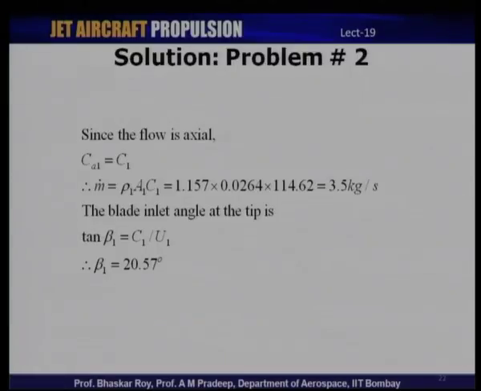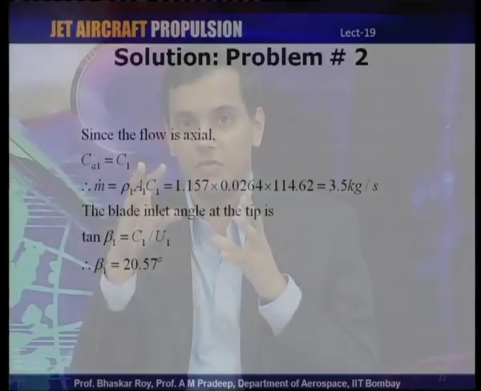So, in this problem what we have done is, this was a problem which was concerning just the inducer. We were not looking at what happens at the outlet of the impeller. In the previous problem, we were looking at the slip factor, where we were required to calculate the impeller exit velocity triangle. We were required to solve the exit velocity triangle.